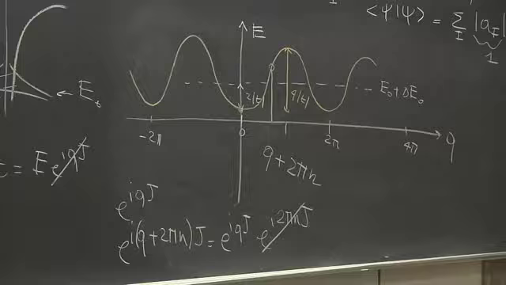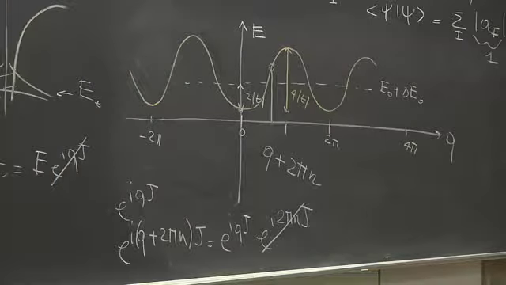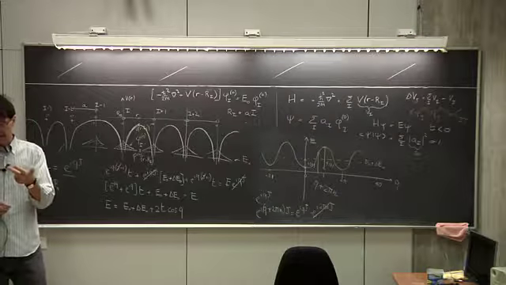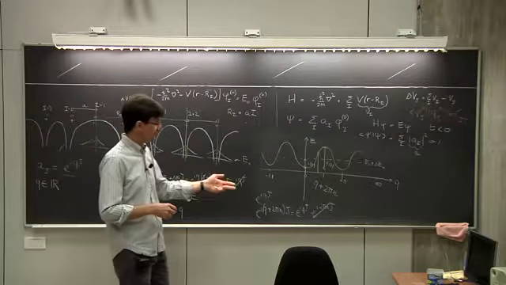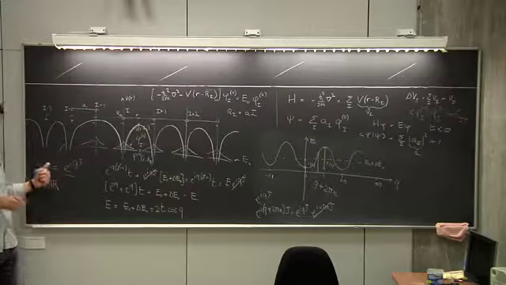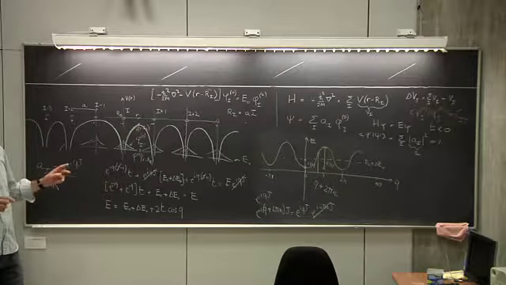Not really. I would like you to think of Q as a good way to label solutions, like the principal quantum number of the hydrogen atom or the angular momentum L. These are all indices that label solutions. The solution of the hydrogen problem can be classified with 3 numbers, right? N, L, and M. Here the solution can be classified in terms of Q. I give you Q, and you tell me the solution. Okay? So in this sense, Q should be seen as a quantum number.